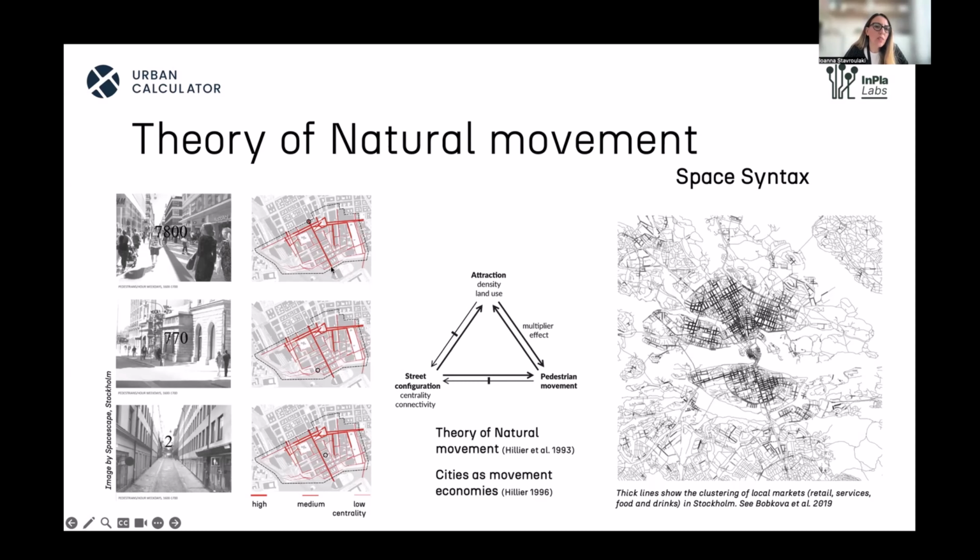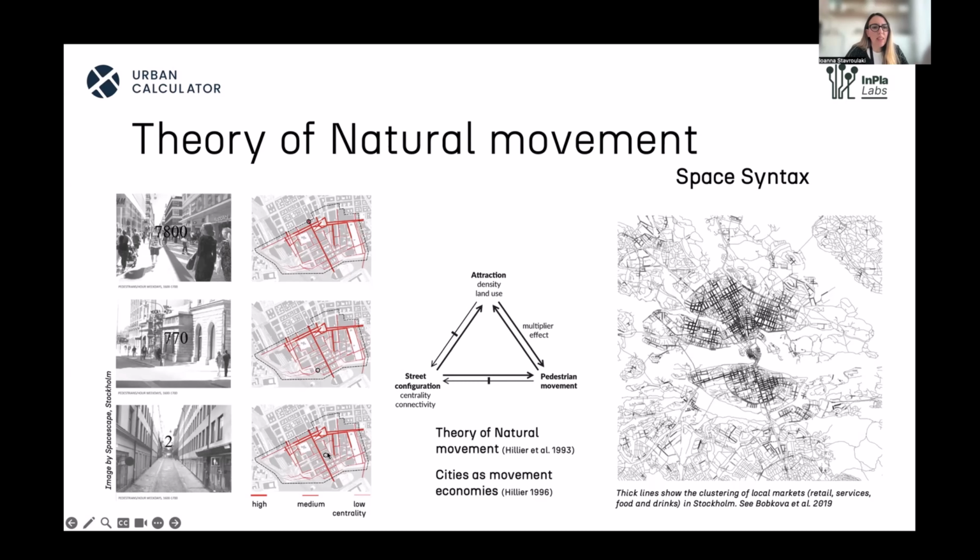And you see that on this thick red line here, which is a street that is very connected, very central, almost 8,000 people were recorded passing through, whereas on a side street with this thinner red line with medium centrality, around 800 people were recorded in the same time frame.